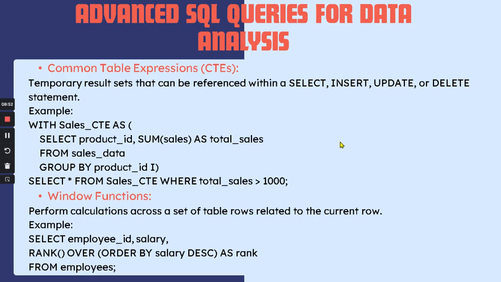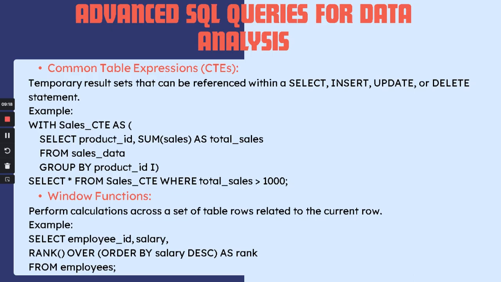So this slide is also about advanced SQL queries for data analysis. It often utilizes common table expressions and window functions to simplify and enhance the querying process. A CTE is a temporary result set that allows you to create a logical breakdown of complex queries.